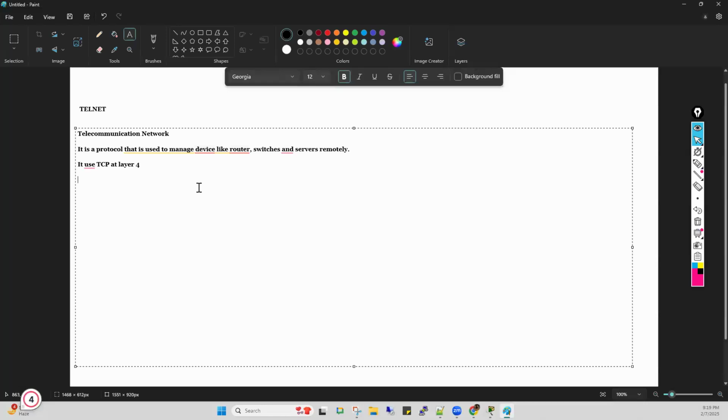At layer number 4 it uses, guys, TCP. I hope you know there are two protocols at layer number 4. One is TCP and the second one is UDP. Getting my point? So Telnet uses TCP, not UDP. One more thing, it uses port number 23. Yes, the TCP port number is 23. Clear?